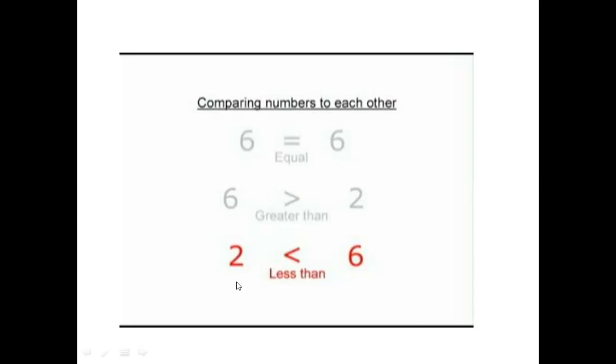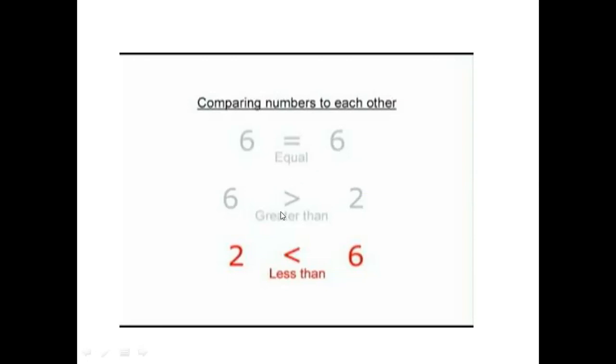Let's see the next one. 2 is less than 6. So we will put the sign like this. The less than sign is like this. So 2 is less than 6. 6 is equal to 6.